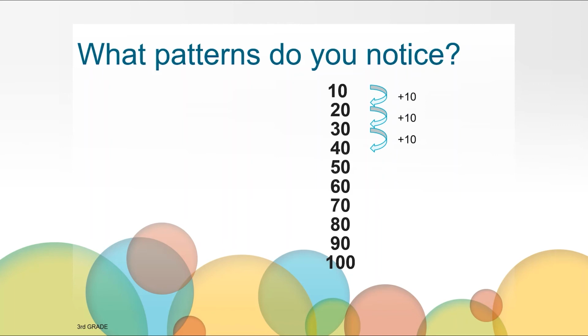Yes, each time we get 10 more. Did you also notice that these are the numbers we say when counting by tens? 10, 20, 30, 40, 50, 60, 70, 80, 90, 100. That's what makes these multiples of 10.